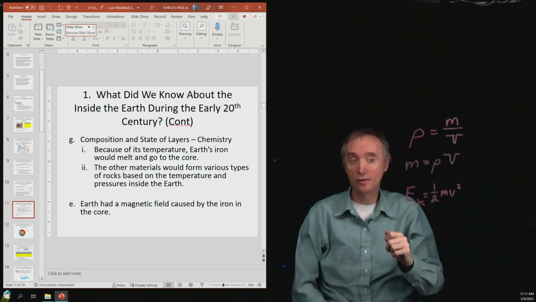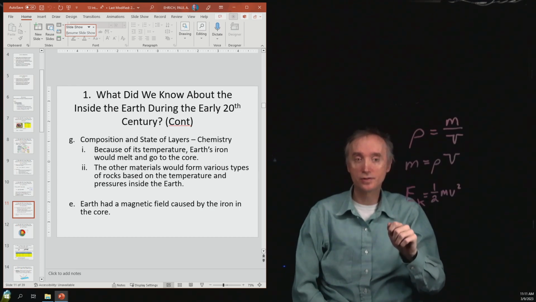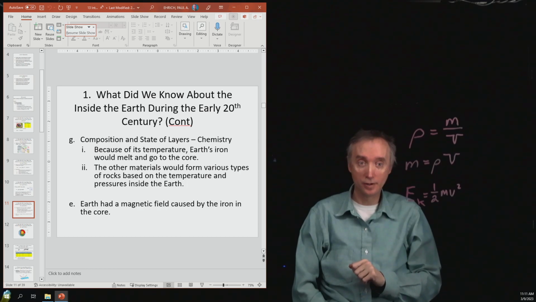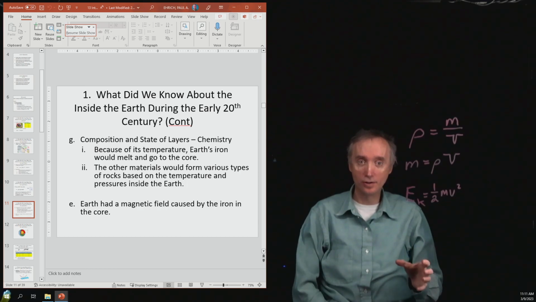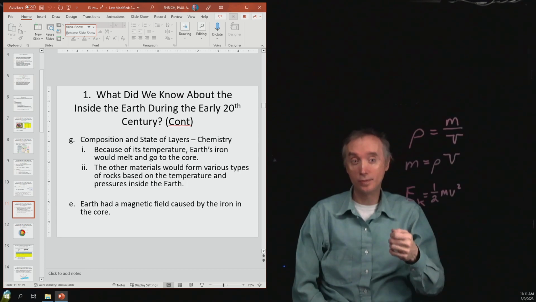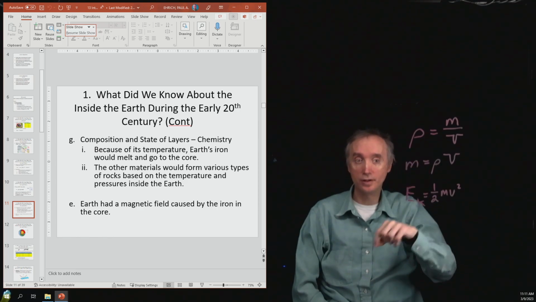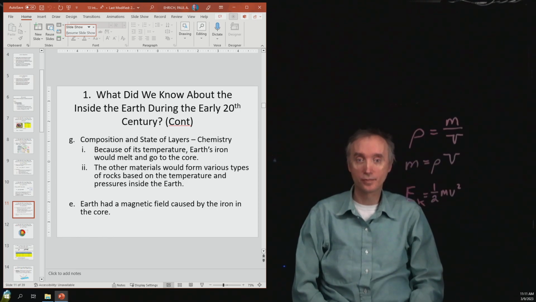We now know how the pressure changes as we go deep inside the Earth. And then we also know what the Earth is made of, because it was based on asteroids. And so you put that all together, and chemists can predict what kinds of substances, and whether they be solid or liquid, as you go deeper inside the Earth.